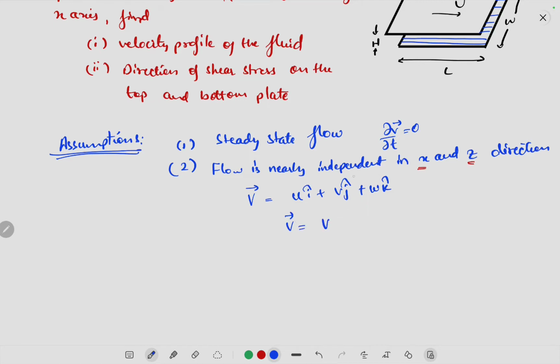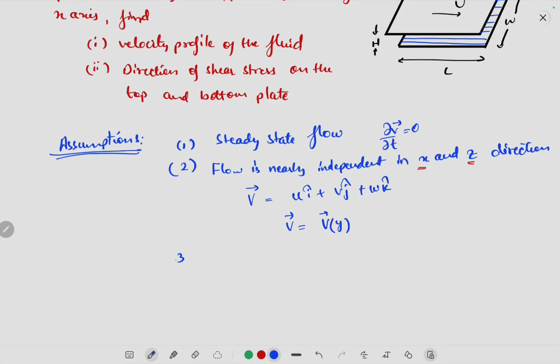So it is independent along the directions x and z. I cannot say currently about the magnitudes, but if the flow is independent of x and z, then this V vector will be just a function of y, and it will not be a function of t because we have just said that it is a steady state flow.